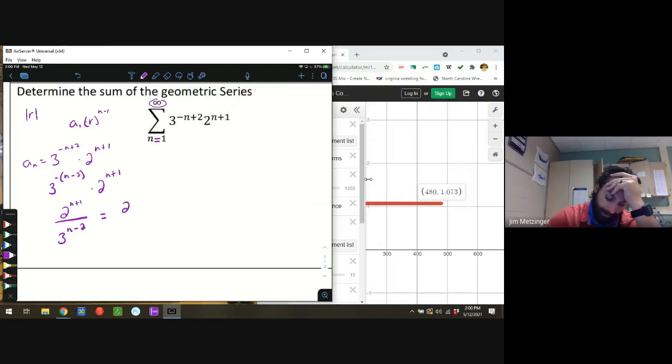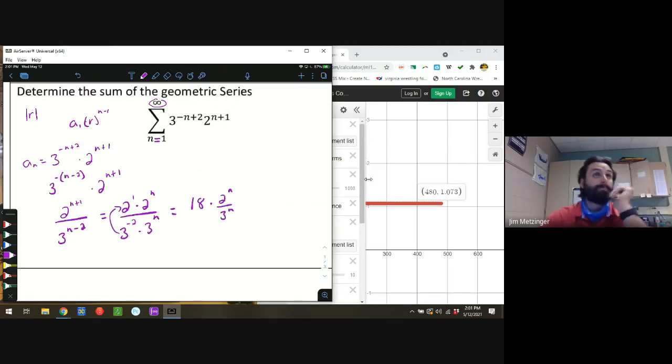So that means we have 2 to the 1 times 2 to the n over 3 to the negative 2 power times 3 to the n. Which means if I move that 3 to the negative 2 to the top, that's 9 times 2 makes 18. We got 18 times 2 to the n over 3 to the n power.